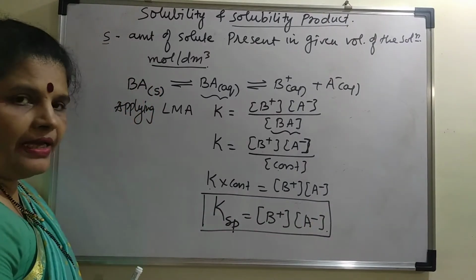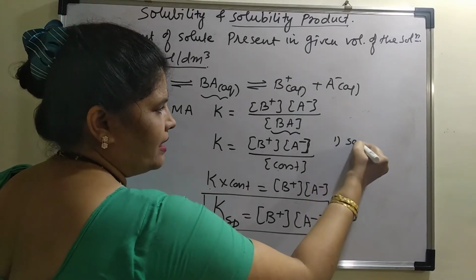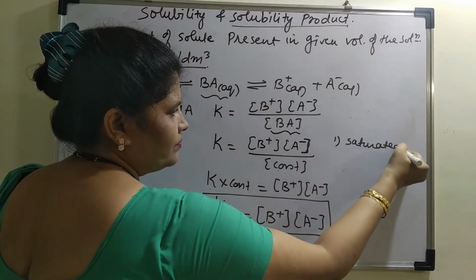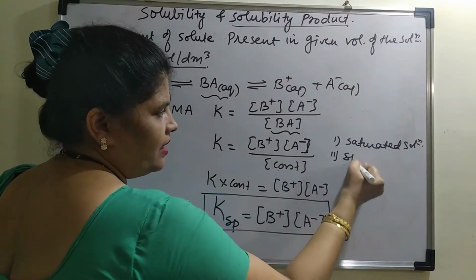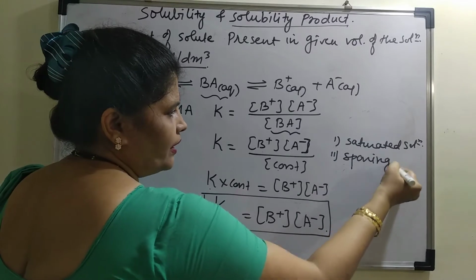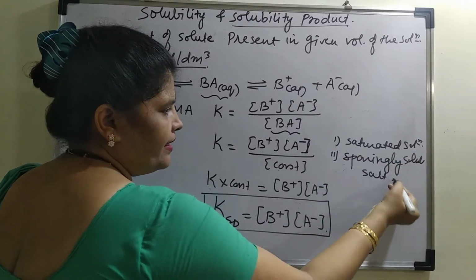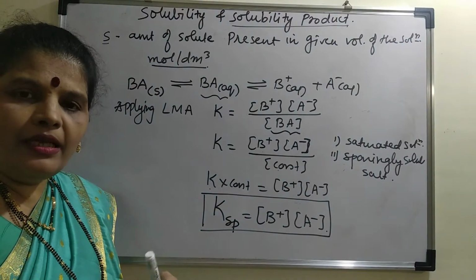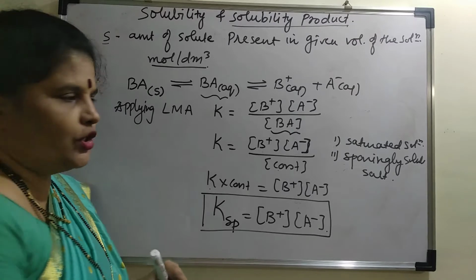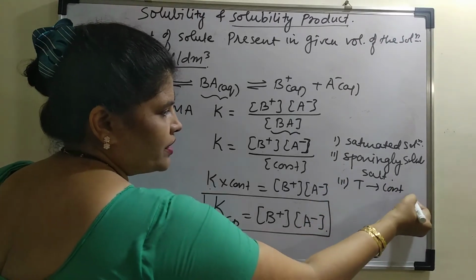How can I define the solubility product? First thing which is very important, I have to take a saturated solution. Second very important thing is we are considering a sparingly soluble salt. Right, students? Next very important statement that I made, that solubility increases with increase in temperature. So the third factor is that the temperature must remain constant.